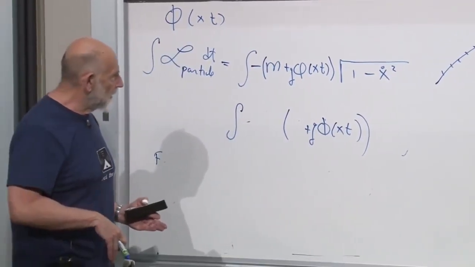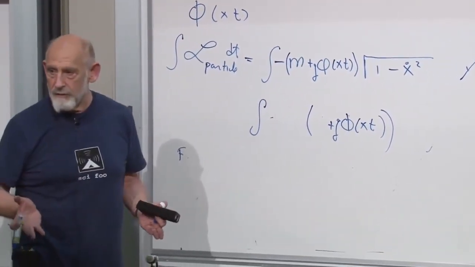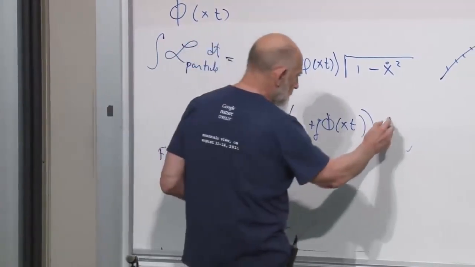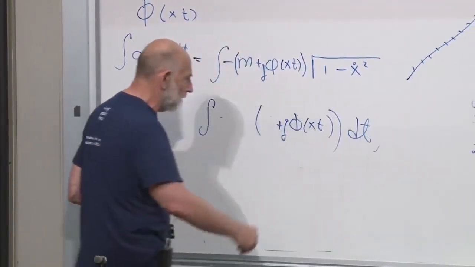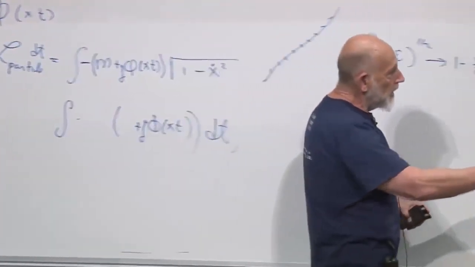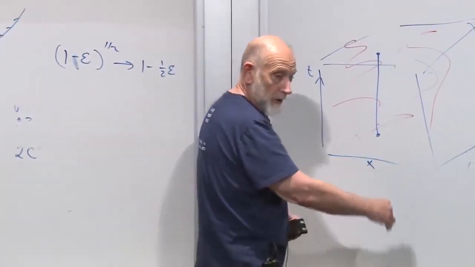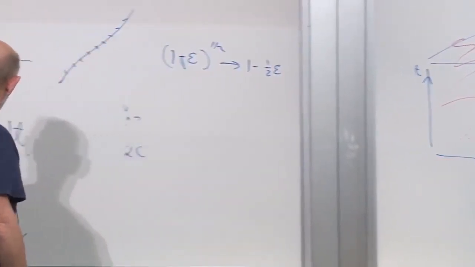What kind of integral? It's an integral dt, right? This is just a particle. It's not a field. It's an integral dt. And it's an integral along the world line of the particle. But it involves phi.